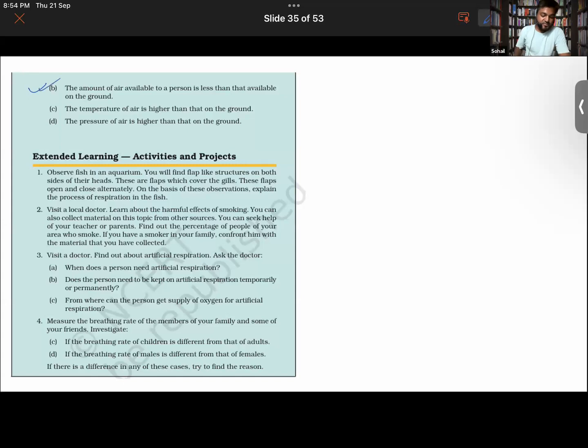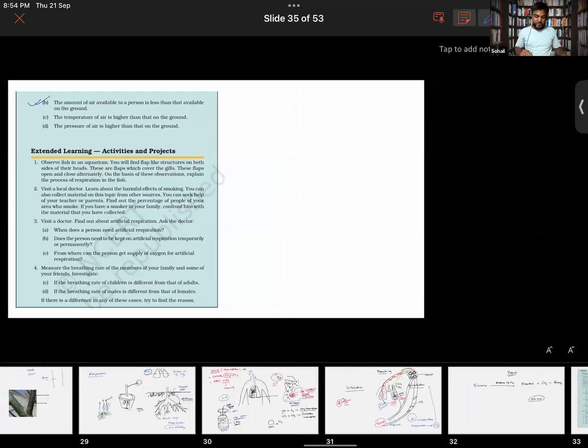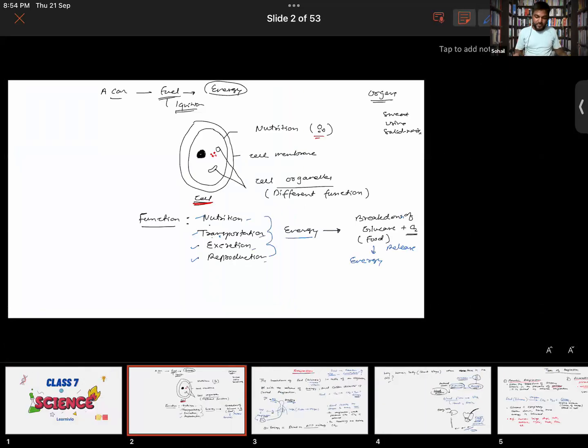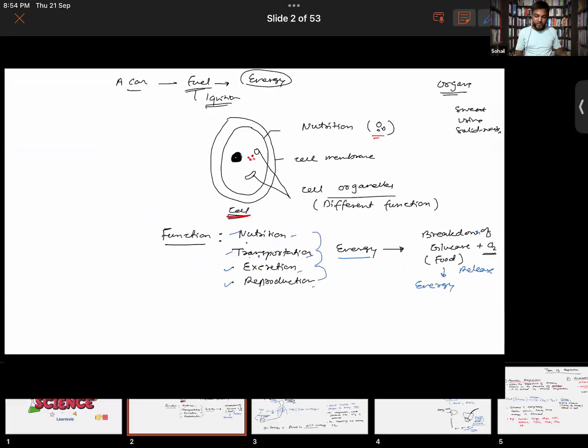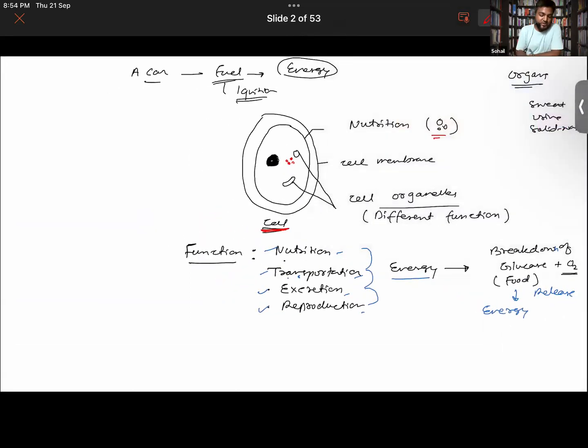Right. Okay. So in this manner, the chapter finishes. So we discussed different points in the chapter. What are the things which we discussed? We talked about what respiration is, the types of respiration, and how respiration takes place in humans.